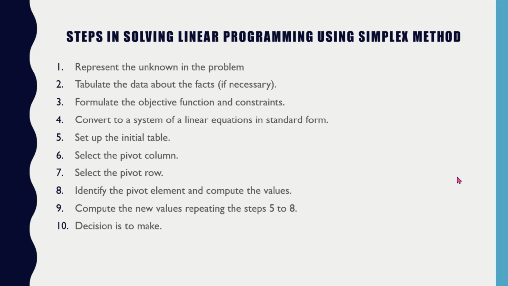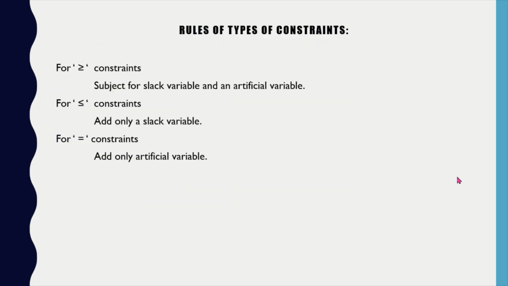Then step 10 is we make a decision. But before that, we identify first the rules for types of constraints. For greater than or equal to constraints, we add slack variables and artificial variables.